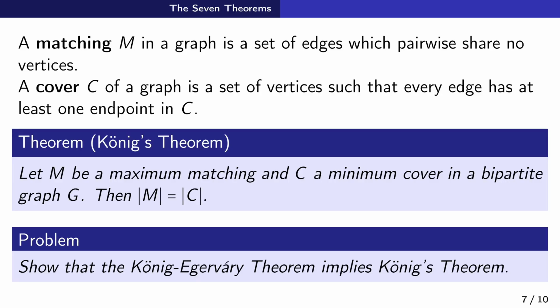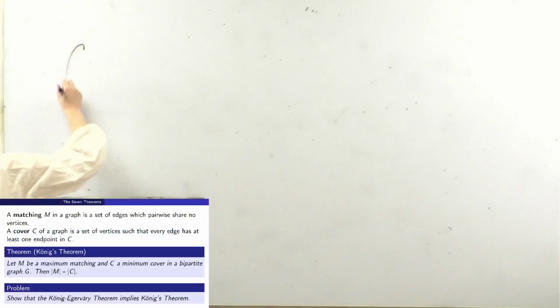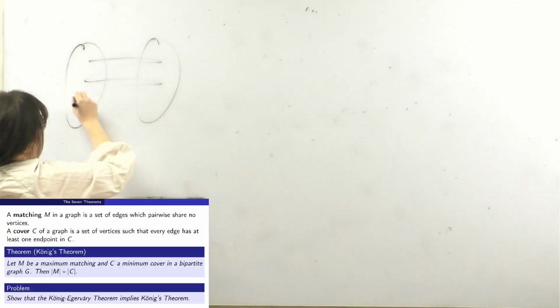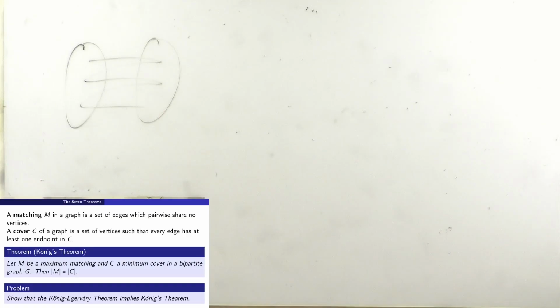And Koenig's theorem says if you have specifically a bipartite graph, so half the vertices over here, half the vertices over here, edges can go between blobs, but they don't live inside blobs, then the size of a max matching and the size of a min cover are equal. And we want to show that the Koenig-Egerváry theorem implies Koenig's theorem.